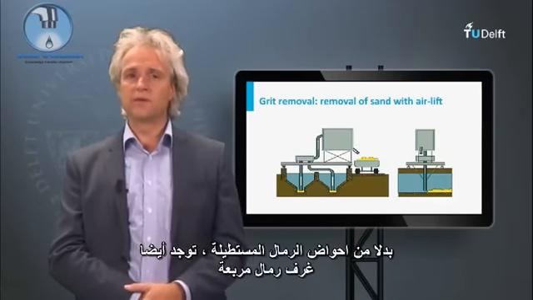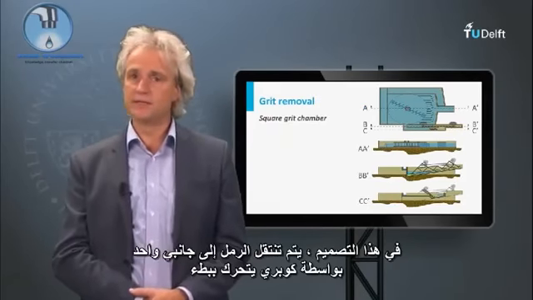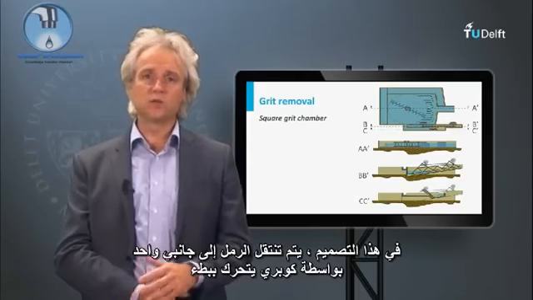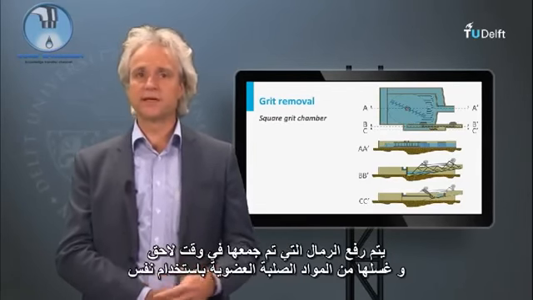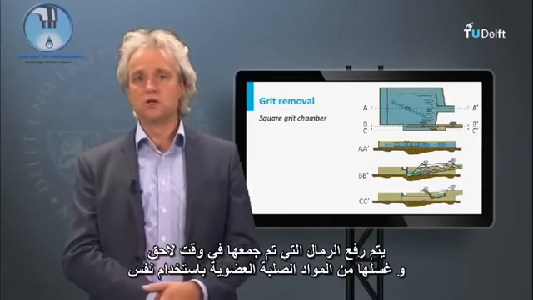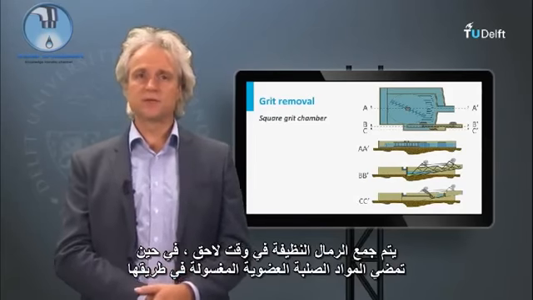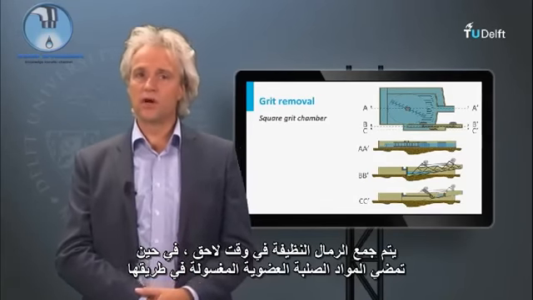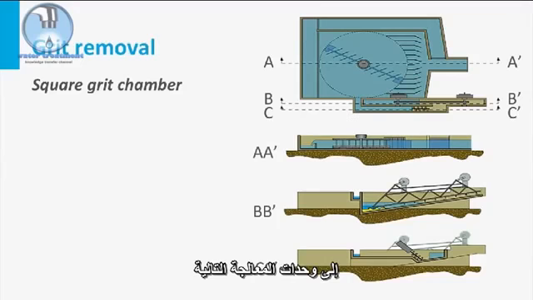Instead of rectangular grit chambers, also square grit chambers are applied. In this design, the sand is moved to one lateral side by a slowly moving hopper. The collected sand is subsequently lifted and washed from organic solids using the incoming flow. Clean sand is subsequently collected, whereas the washed organic solids proceed away to the next process units.